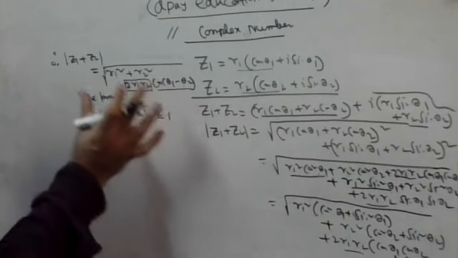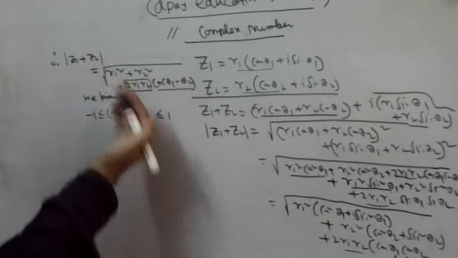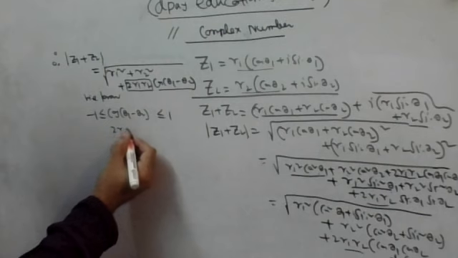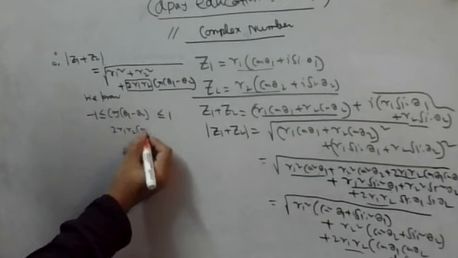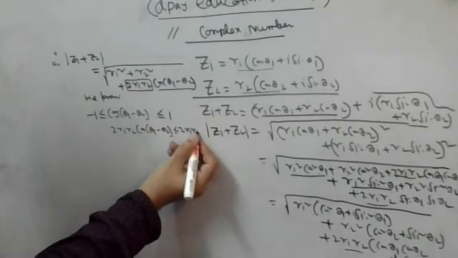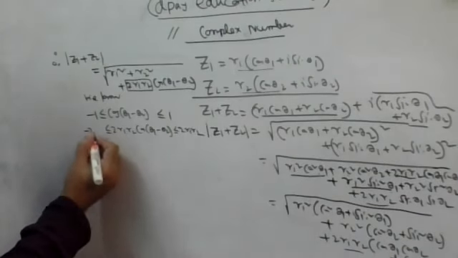So to use this result, 2 r1 r2 will be introduced in the middle term, in the extreme right, in the extreme left.